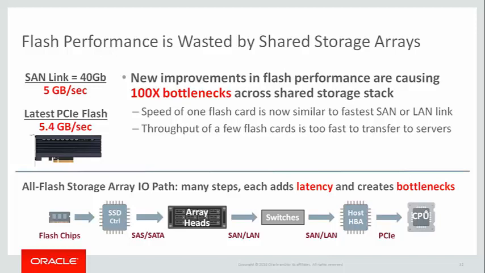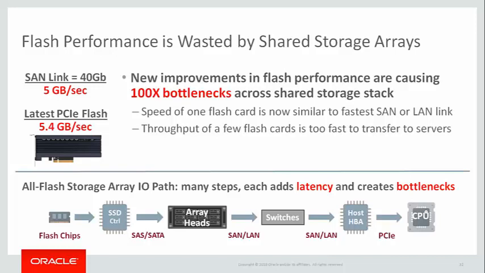It will fill up the fastest SAN link of 40 gigabit with just one flash card. So even when you combine a few flash cards, it is too fast. The bandwidth offered by even a few flash cards is too fast to transfer between servers for the storage arrays, and that's because of the storage arrays' I/O path.